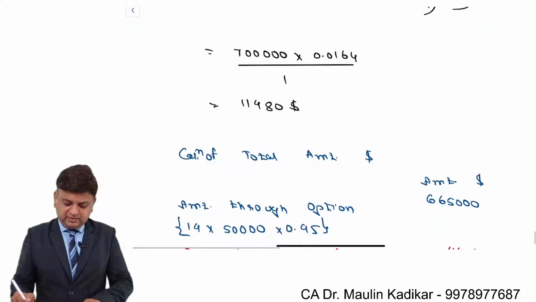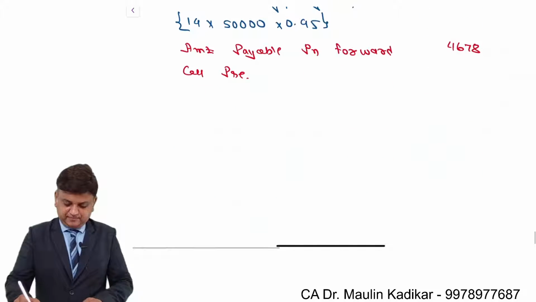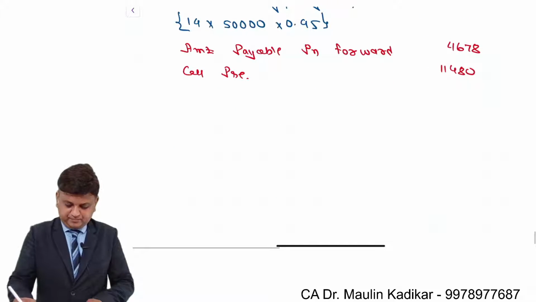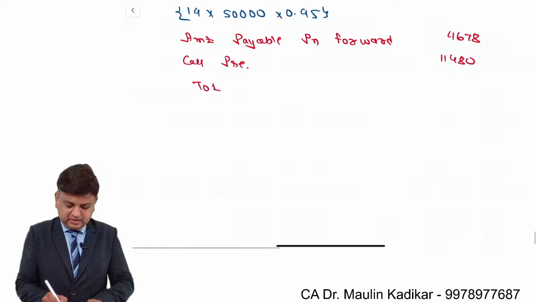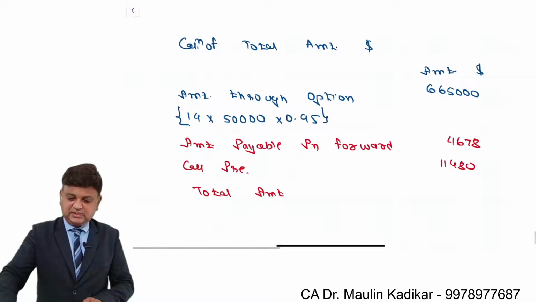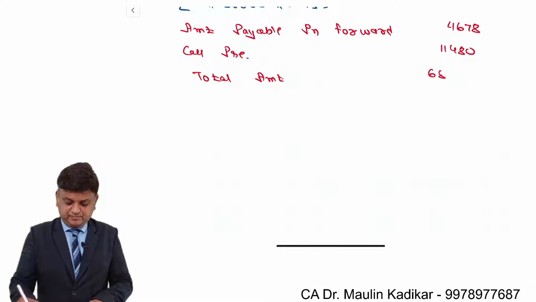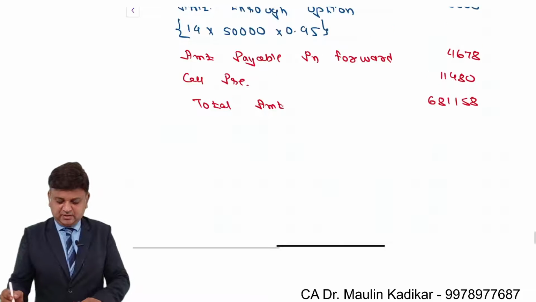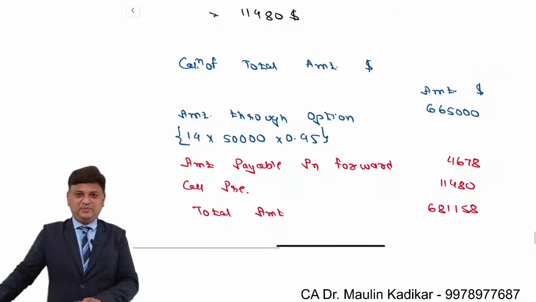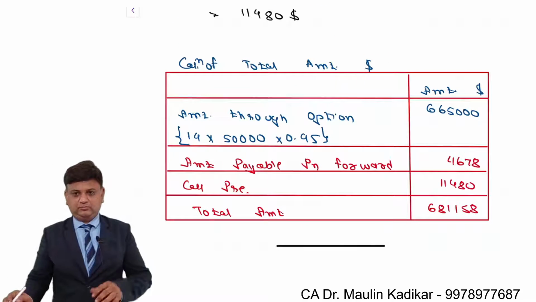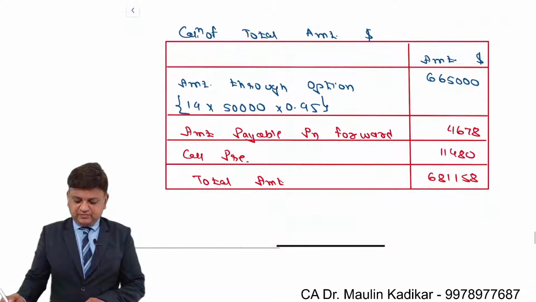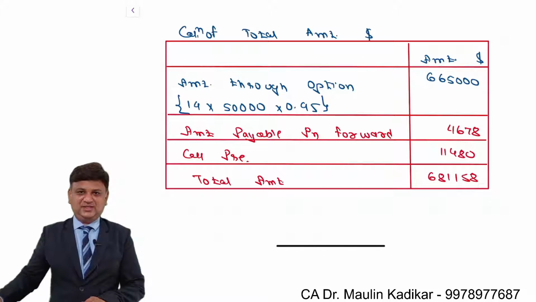The amount of the call premium is 11,480. That is the way the total amount is calculated. 665 plus 4678 plus 11,480. That comes to 6,81,158. This is the amount of the dollar to be paid. So this is the way we make the calculation of the answer.